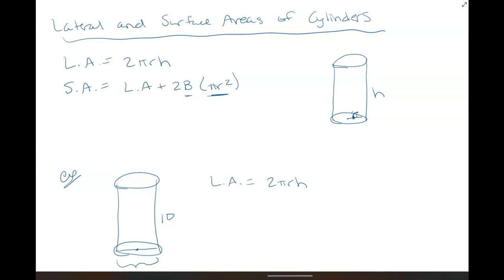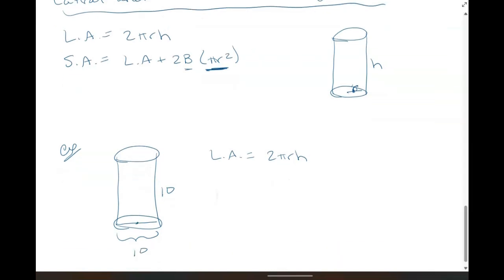So the lateral area is given by 2 pi r h, and you can see in my little diagram here that the height, of course, is this long edge, and then down here in our base, we have the radius. And then the surface area, again, is the lateral area plus 2 times the area of the base. But for our purposes, the bases are always these circles, and the area of the circle is pi r squared. So it actually makes these replacements a lot easier, I think.